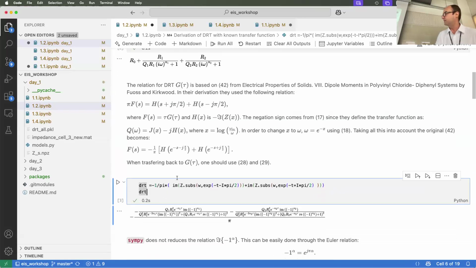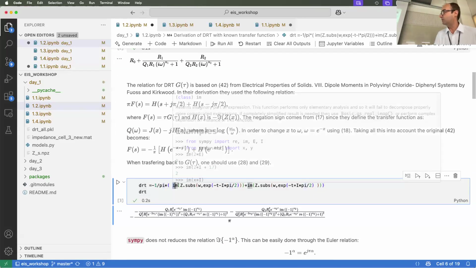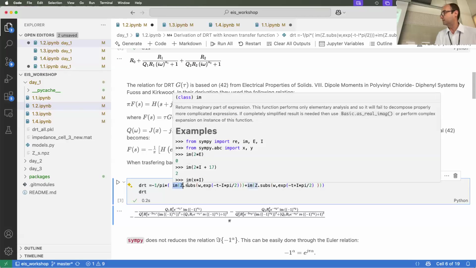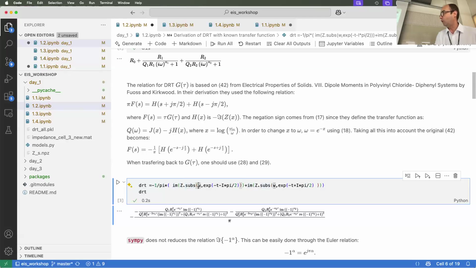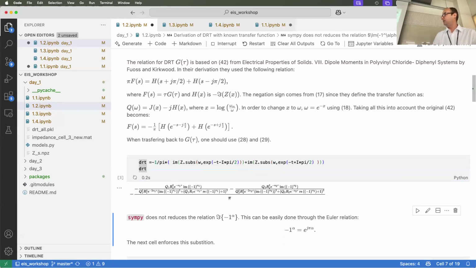So I said, take the imaginary part of my impedance and substitute omega with t minus j pi half, and again for the second part, minus t plus j pi half. And then print me the DRT. And this is the relation of the DRT in closed form.